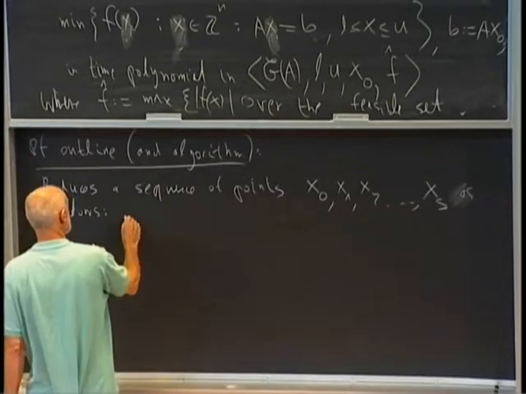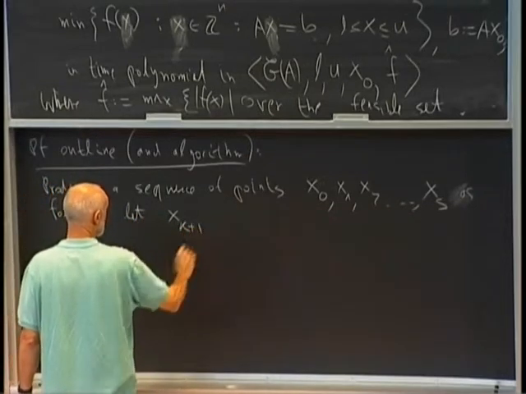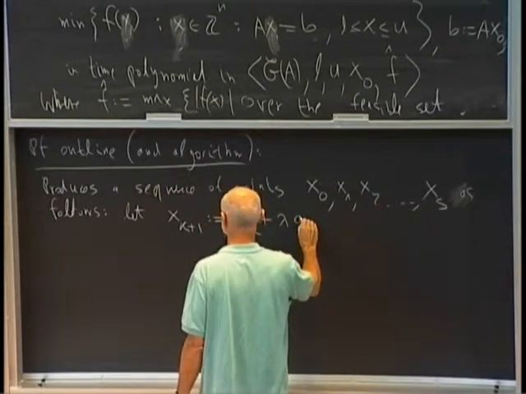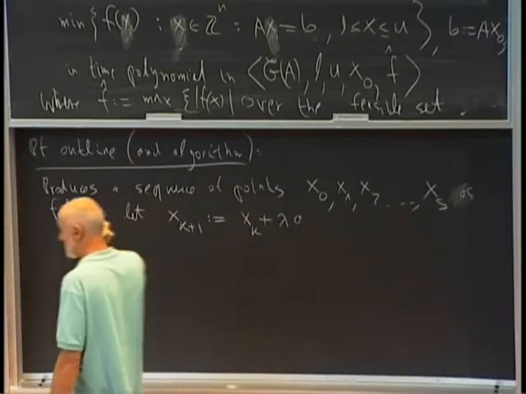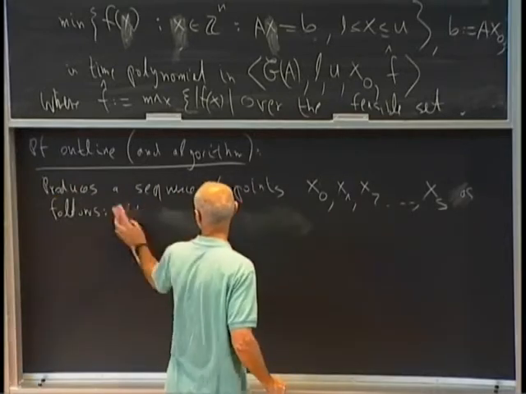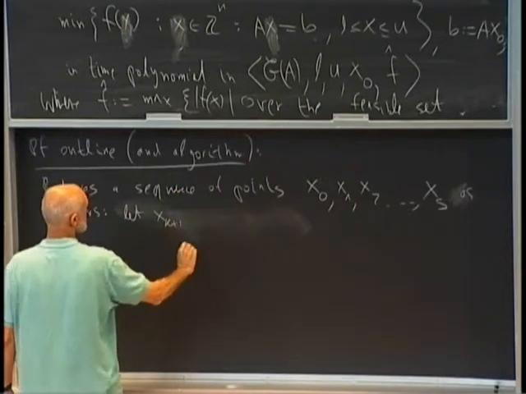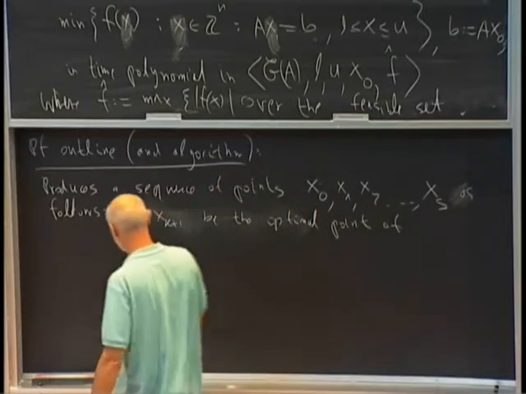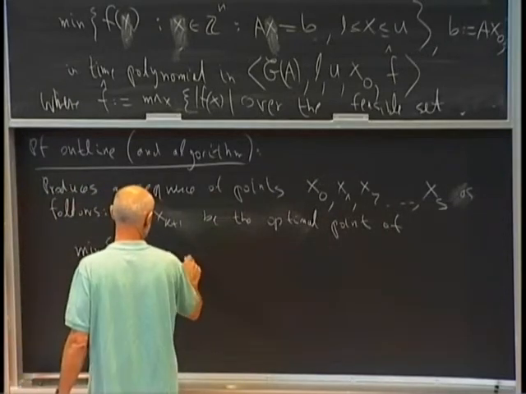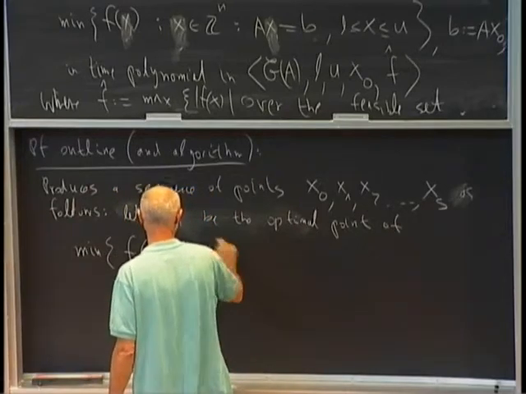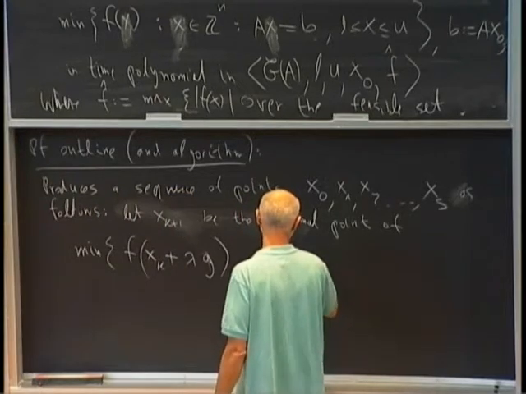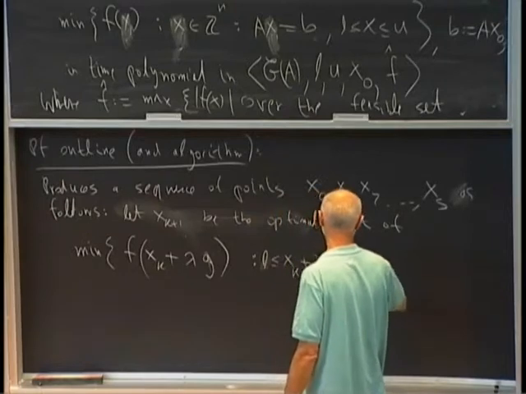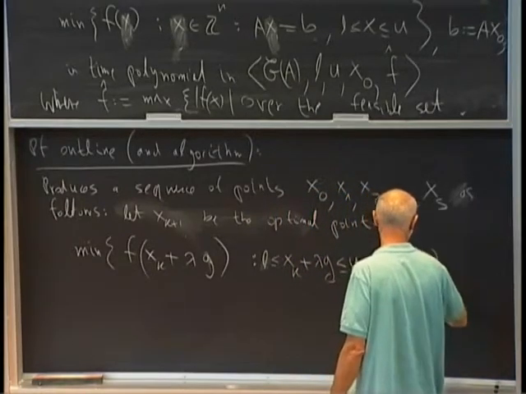Let x(k+1) be the optimal point of minimizing f of xk plus lambda g, such that xk plus lambda g satisfies the bounds, g is in the Graver basis, and lambda is a non-negative integer.